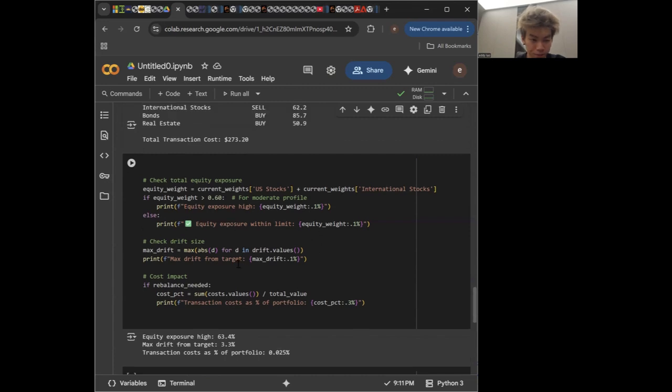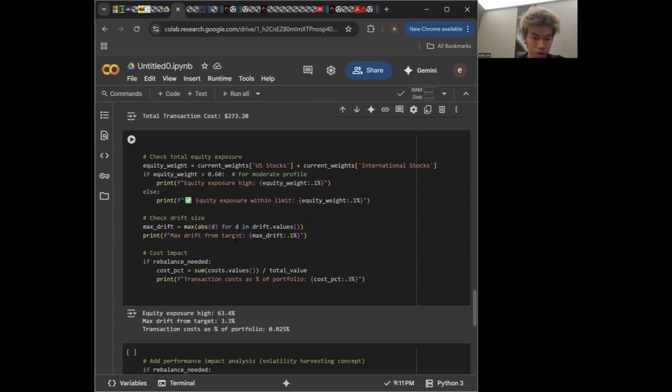It checks the drift of the equity exposure against 60%, and then prints the result.